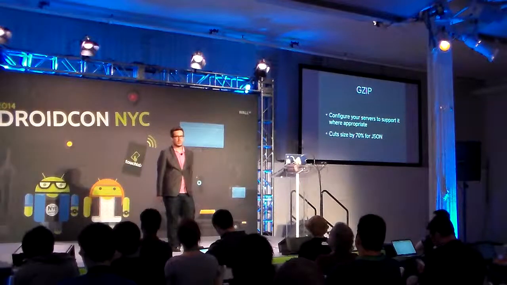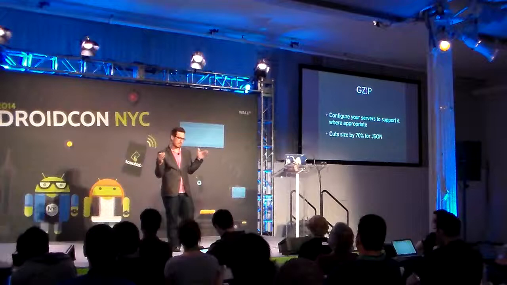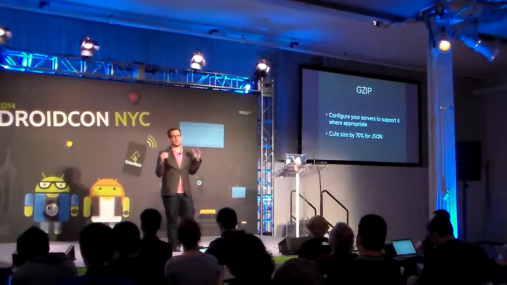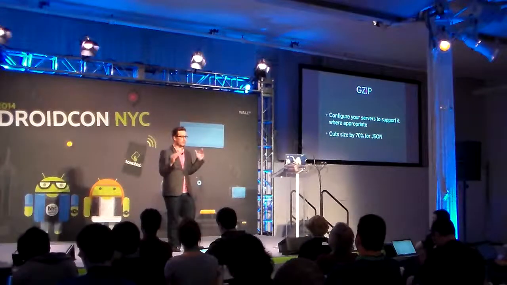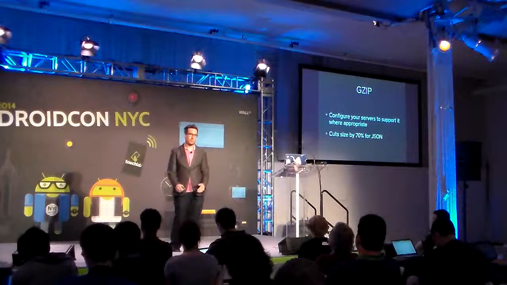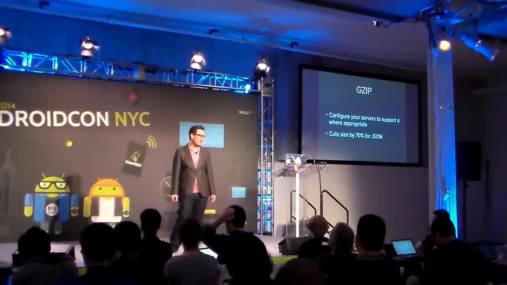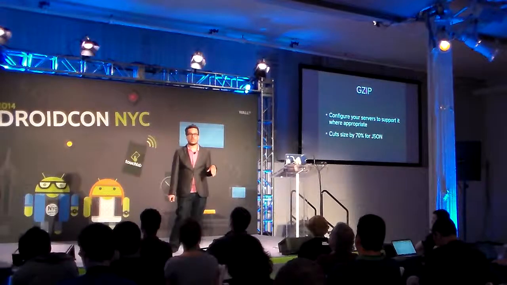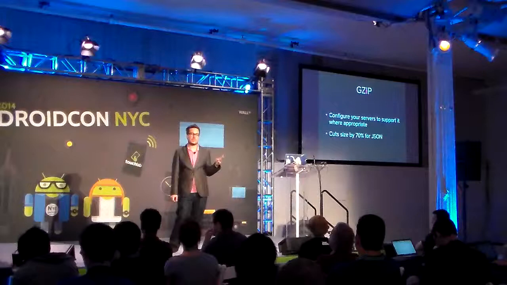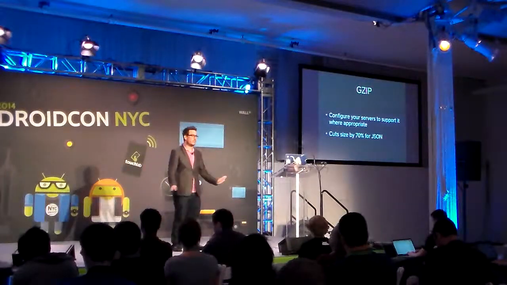When we were playing with Square Wallet, we were experimenting with JSON versus protocol buffers, and there was a big motivation to switch from JSON to protos, because protos are a binary protocol and massively compact. But it turns out that if you gzip the JSON and you gzip the protocol buffers, you get so much win from gzipping that the difference between protos and JSON is negligible. So just gzip all the things.